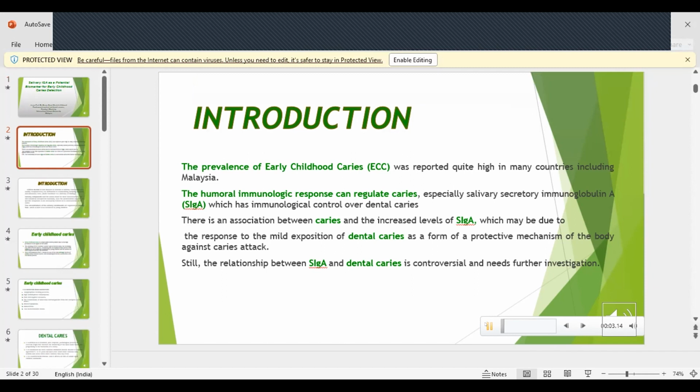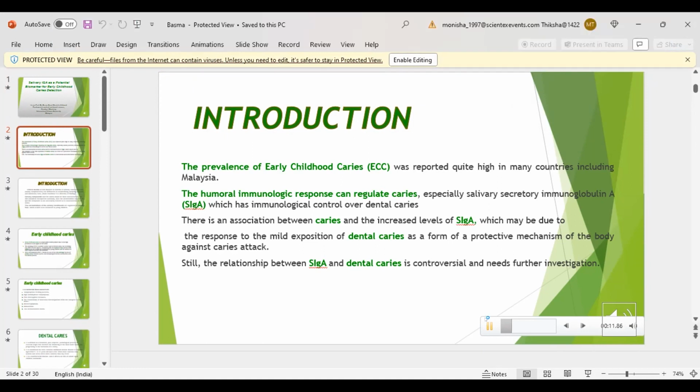So, as we all know, the prevalence of early childhood caries was reported quite high in many countries, including Malaysia. The humoral immunologic response can regulate caries, especially salivary IgA, which has immunological control over dental caries.